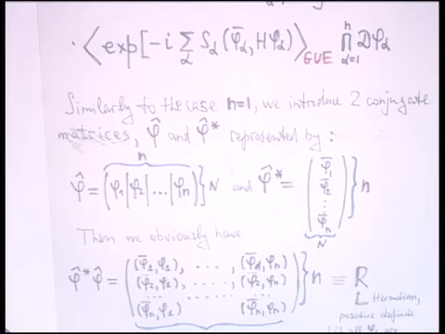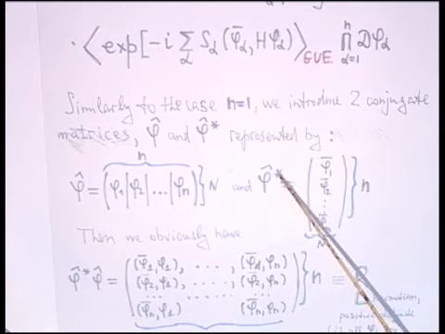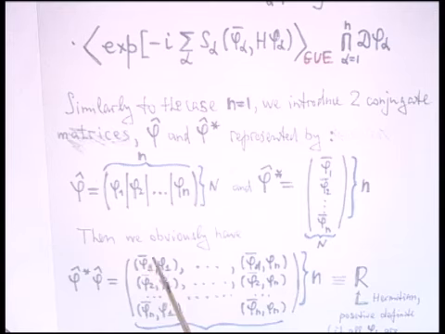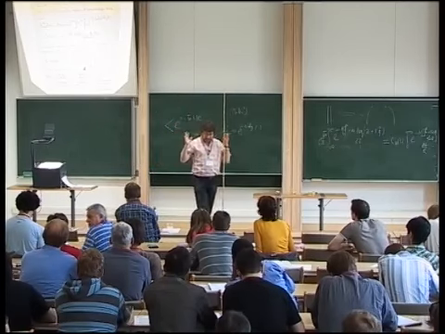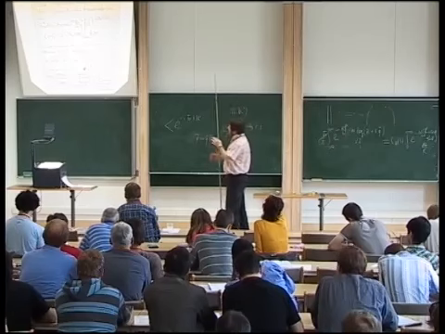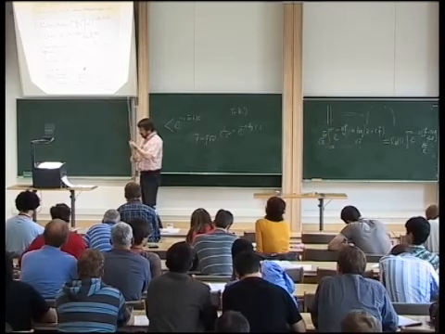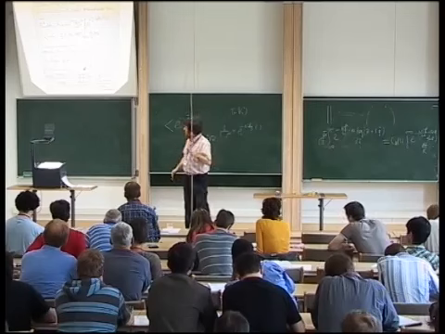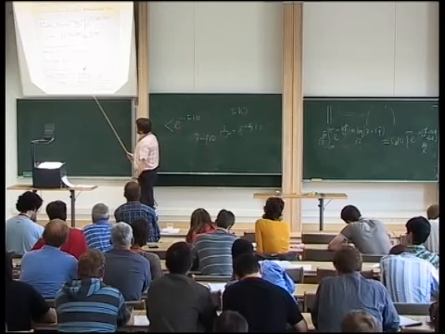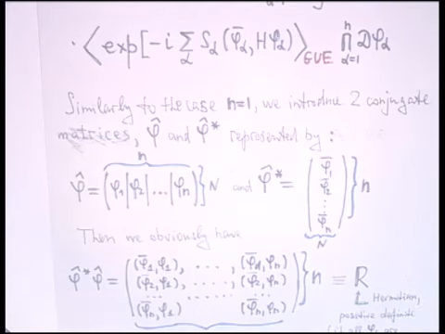In case n equal 1, taking the product of phi conjugate with phi gave us just one scalar product. In the general case, this will be a whole matrix of size n by n, where n is the number of determinants in our original product, and all entries of this matrix will be made of mutual scalar products between all possible phi inside this set of phis.